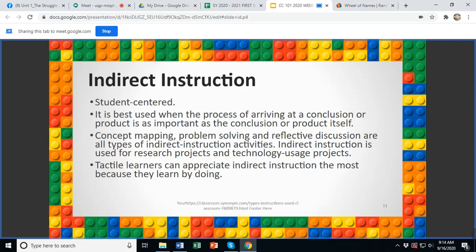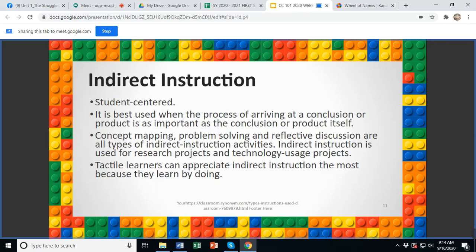So, just like what we're doing right now, those in modular or home study are most probably the ones who benefit from indirect instruction because they are holding the paper.